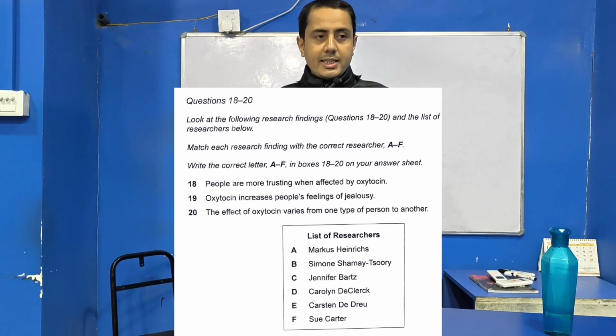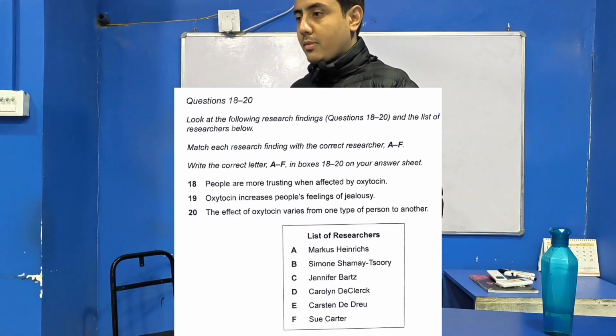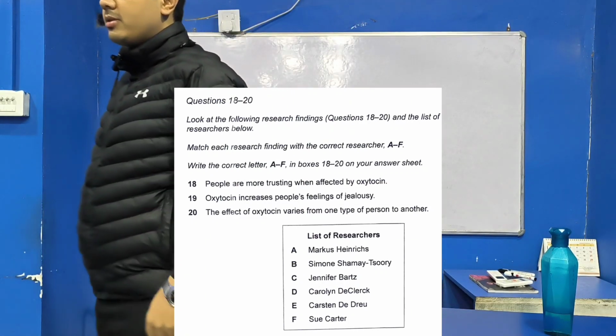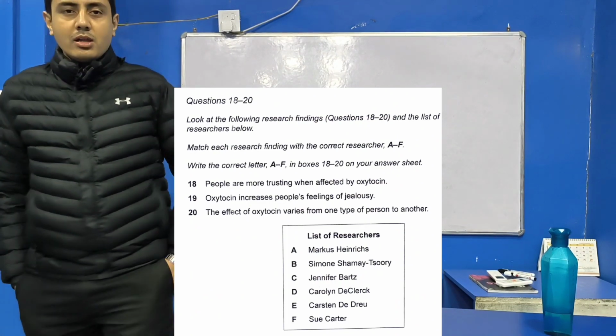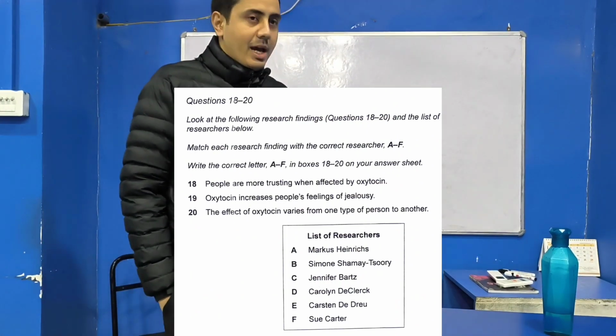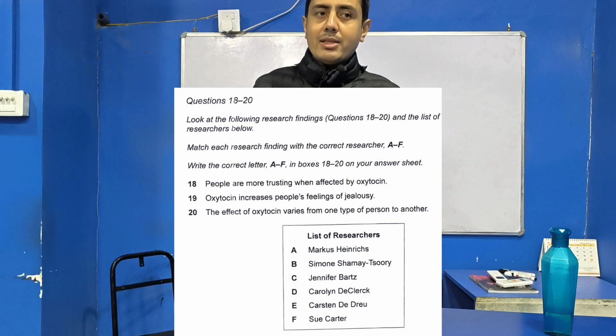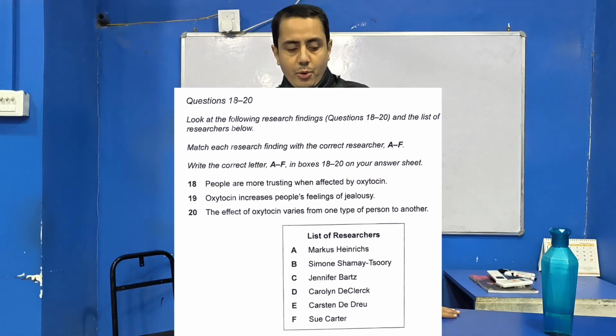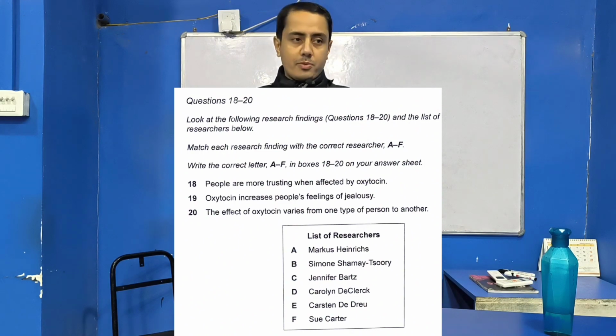On that page, at the bottom, you will see questions 18, 19, and 20. Do you see options in a box? The options are numbered A to F. So these are called matching or classification questions. We have to match the statements in the question with the options.